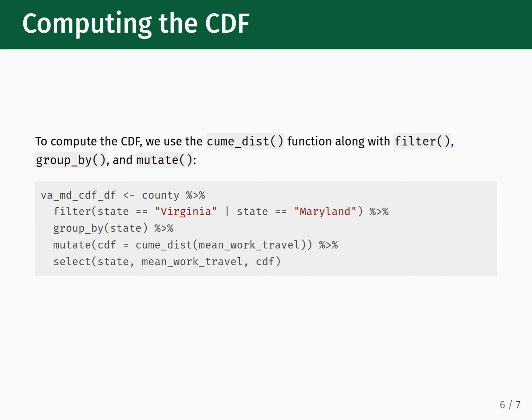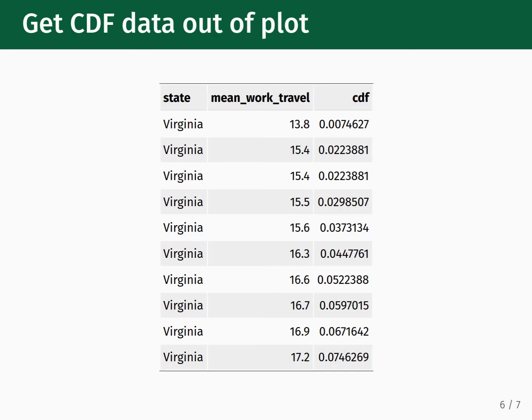We then group by state and apply cume_dist to those groups using the mutate function. This will create a new column named CDF. We then select the state, mean_work_travel, and CDF columns. This gives us a table containing the cumulative distribution function for each average work travel time within the states of Virginia and Maryland, as shown here.